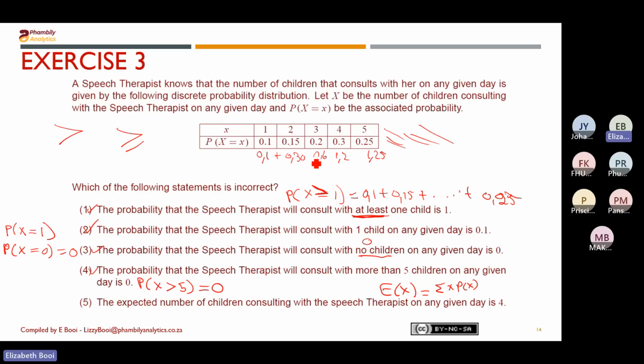So add all of them together and tell me, are they equal to 1 or 4? What is the answer?